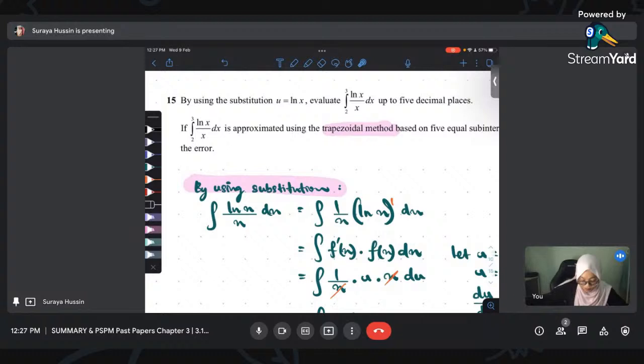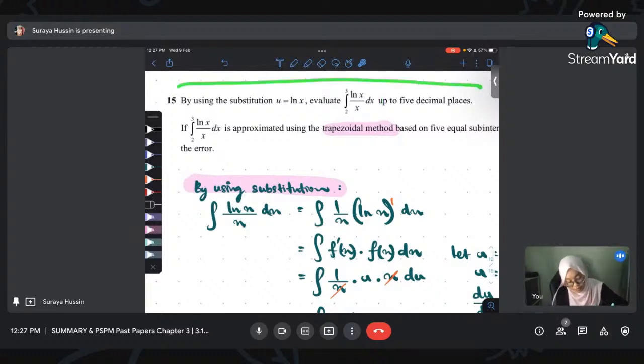Okay, so I want you to know that trapezoidal rule is just a method. Dia hanyalah satu method yang selain daripada boleh cari dengan biasa, cara biasa.